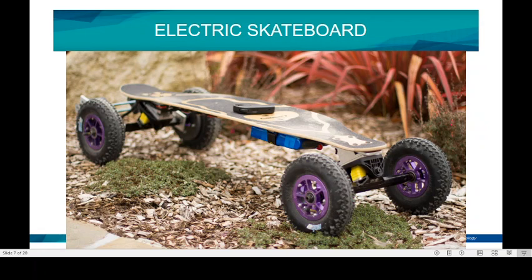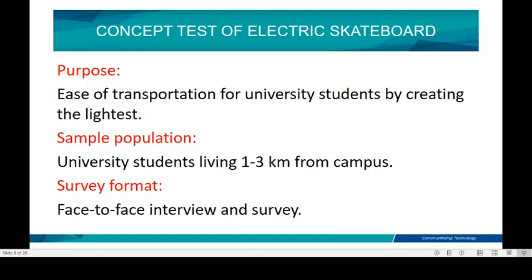So this is one example of a concept. This example is called an electric skateboard. Following the procedure for a concept test, we shall start with the purpose of it. The purpose is the ease of transportation for university students by creating the lightest transportation.